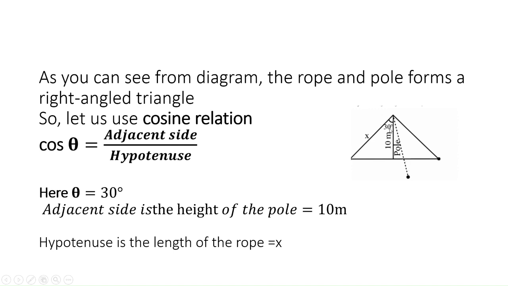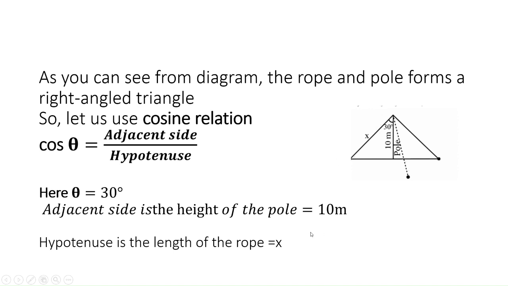So in a right angle triangle, when we apply some trigonometric ratios, cos theta is equal to adjacent side by hypotenuse. Here we are considering the angle 30 degrees, acute angle. For this angle, the adjacent side becomes the height of the pole, and the hypotenuse becomes the length of the rope. Length of the rope we are considering as x meters.